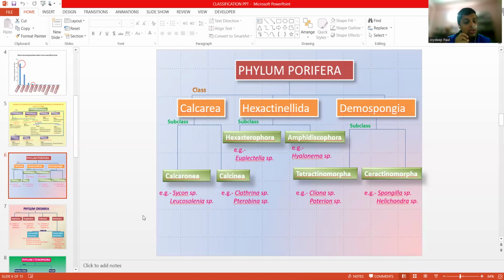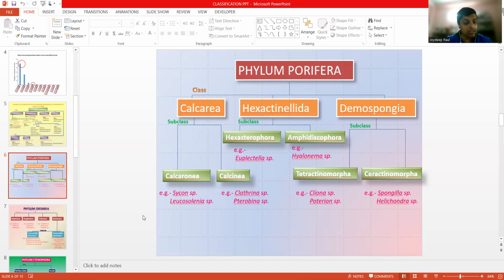Although multiple cells are present, you can see that all cells are very much independent in their function, and all the cells can perform all the functions. And that is why here also the digestion is intracellular.